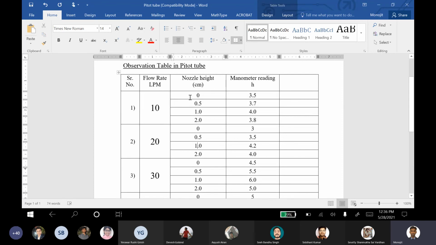I'm not very sure of how this nozzle height is measured here. Can you comment on anything looking into the numbers? How this is positioned? Any idea?